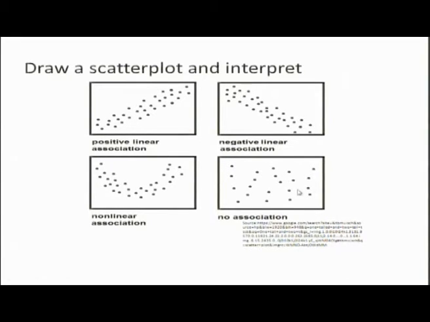In this case, there is no association between x and y. Why? Because there are these points where x is low, but y can be low, y can be moderate, or y can be high.